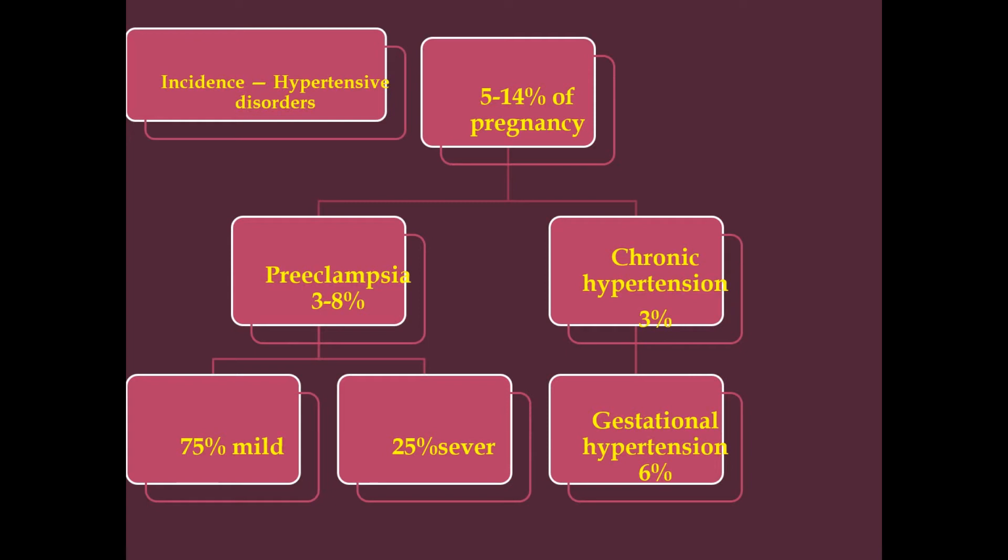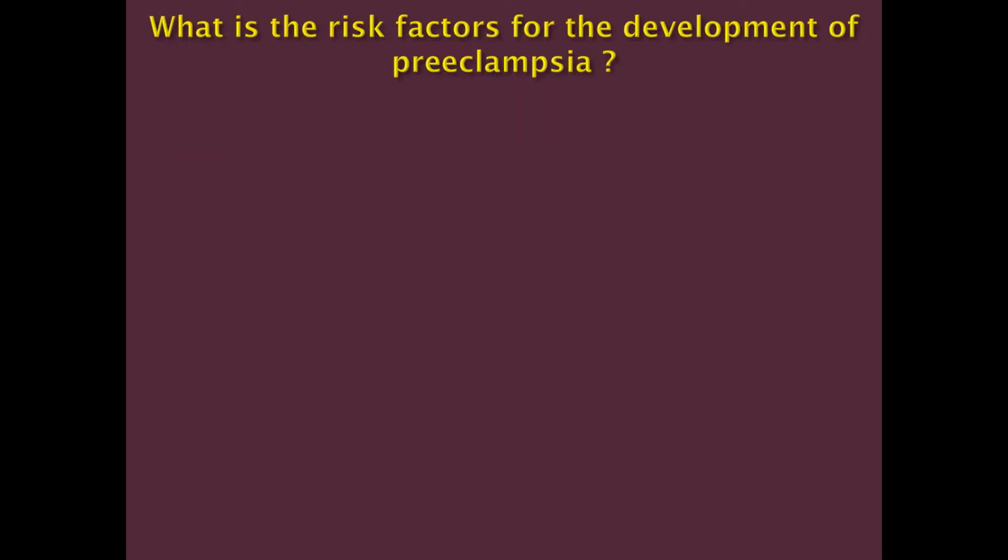Either it is chronic hypertension, which forms 3%, preeclampsia, which forms 3 to 8%, and gestational hypertension, which forms 6%. 25% of hypertensive disease in pregnancy presents as a severe form, whereas 75% presents as a mild form.